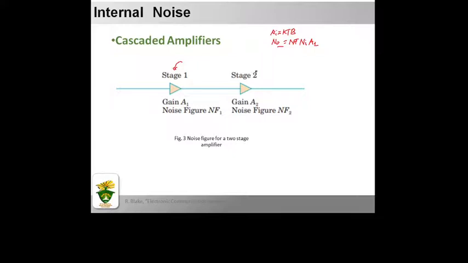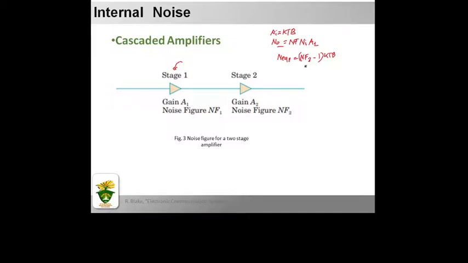It is amplified by the second stage and appears at the output multiplied by A2. First, what is the equivalent noise in stage 2? We have NEQ2 equal to the noise figure of stage 2 minus 1 times KTB. Just recall the previous derivation on how to compute the noise figure of the second stage.